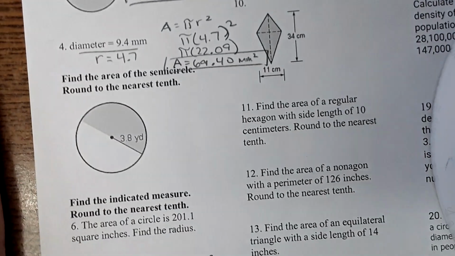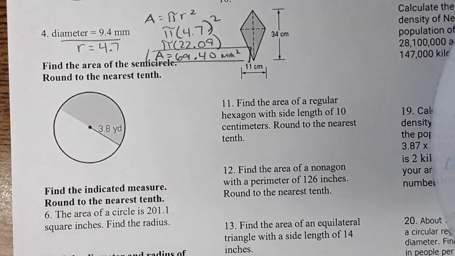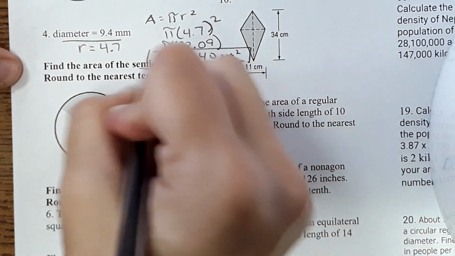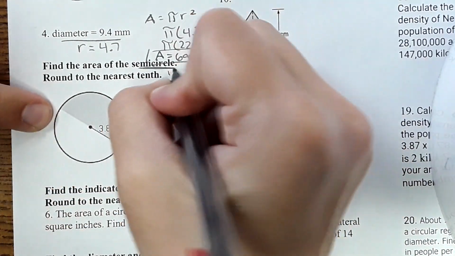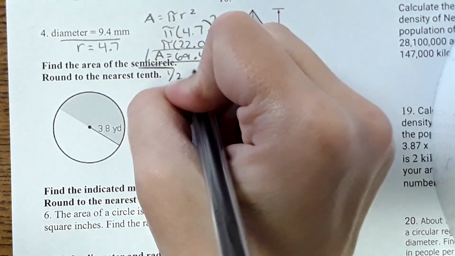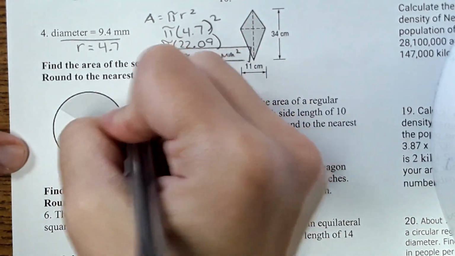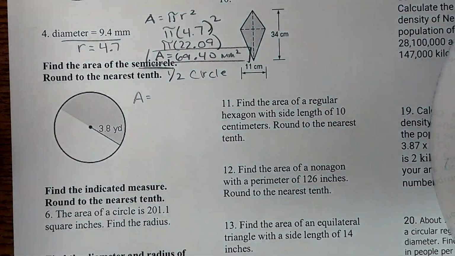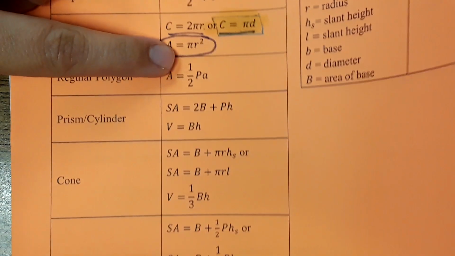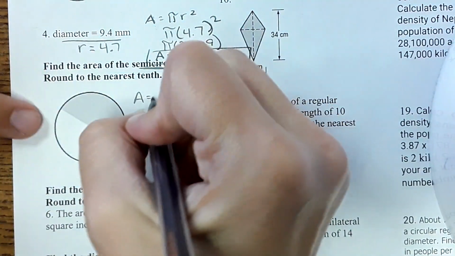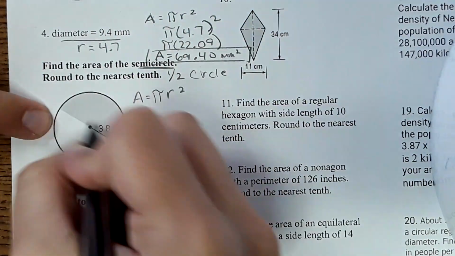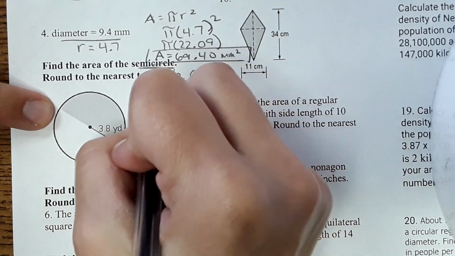Okay. Next one, find the area of the semicircle, round to the nearest tenth. For a semicircle, it is half of a circle. So we're going to find the area of the entire circle, which again, you can look at the reference sheet, it is pi r squared. But the area of just the half of the circle, we will divide it by 2.